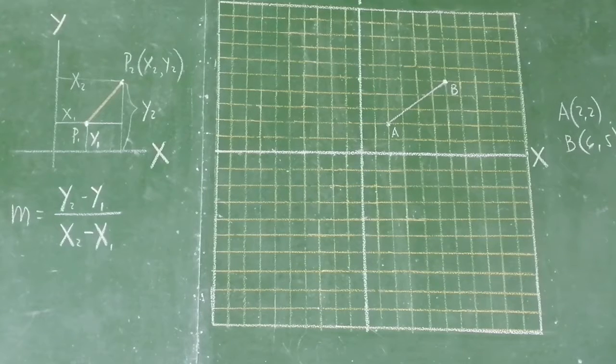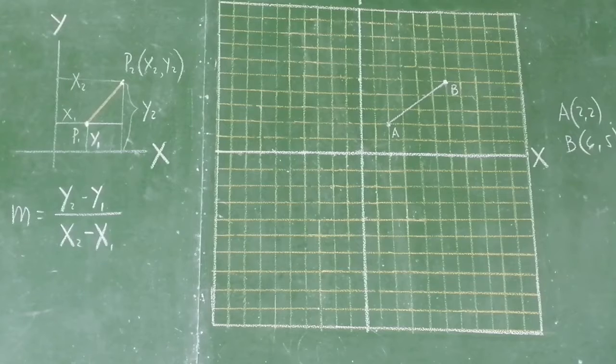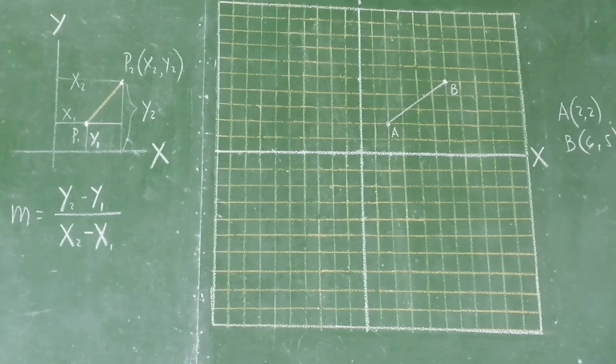You can interchange that as long as it goes like this. You can start with y sub 1 minus y sub 2 over x sub 1 minus x sub 2.